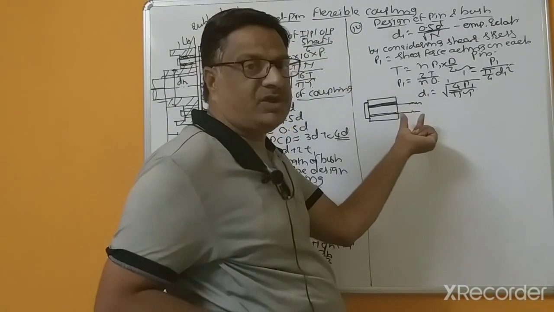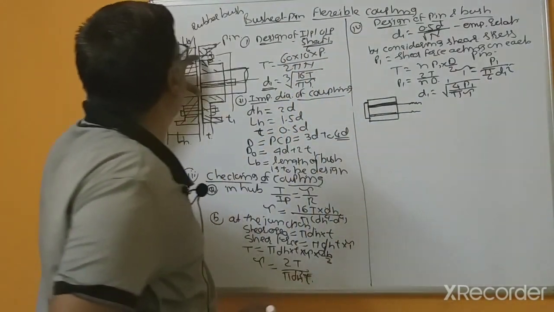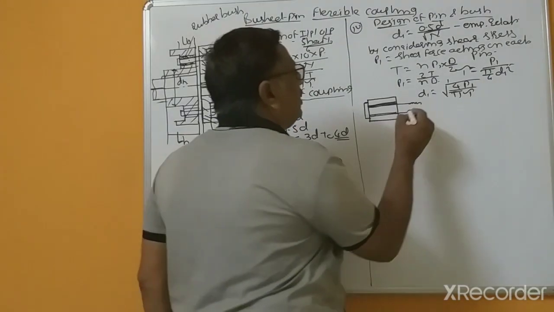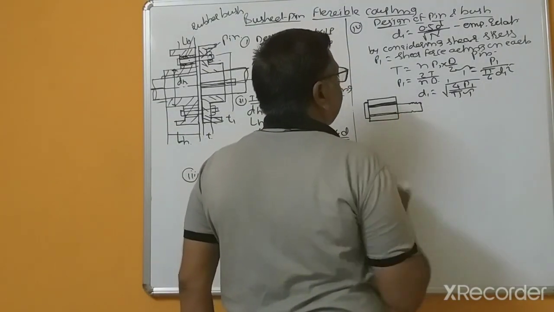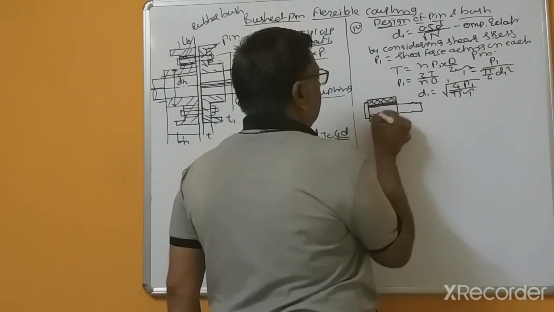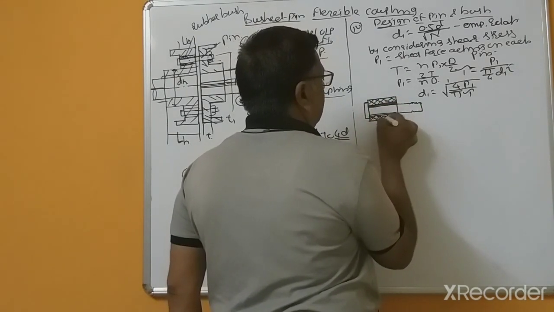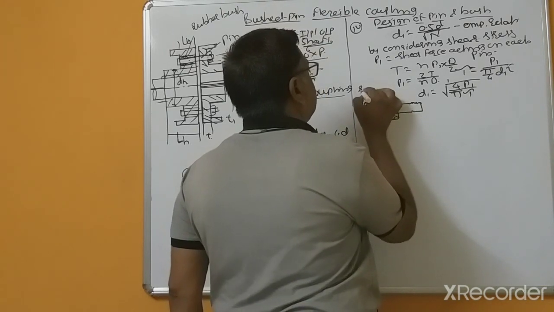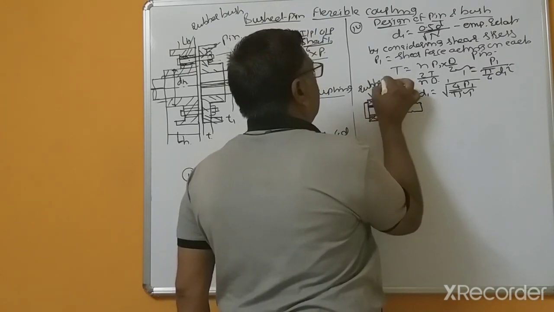This cylindrical portion is required for the flange, and the remaining portion is threaded. This is a rubber bush.